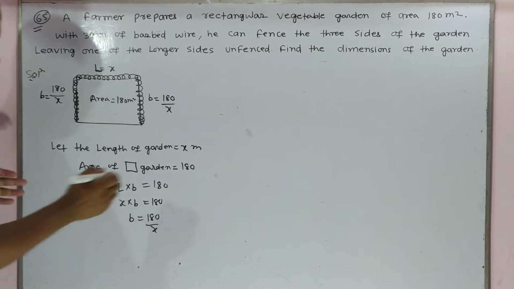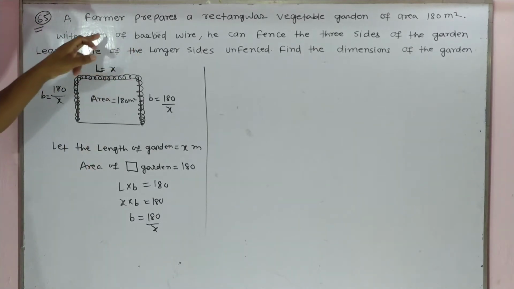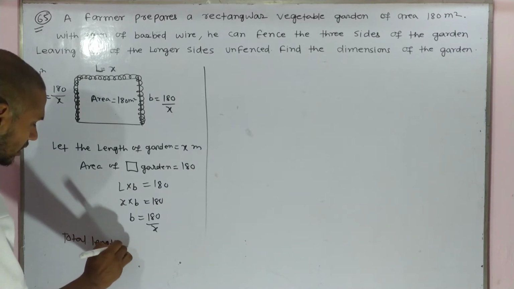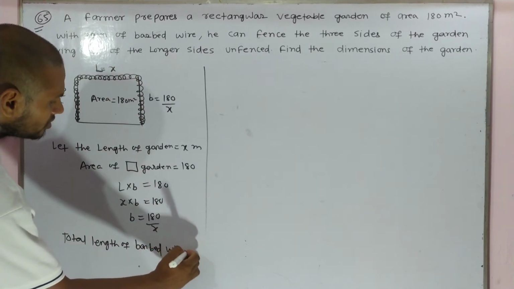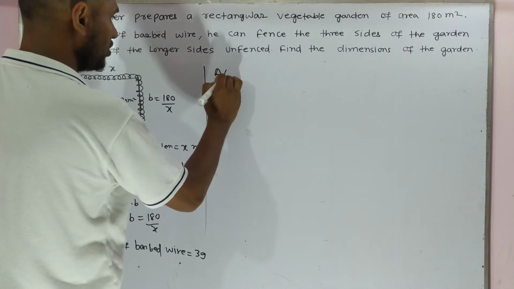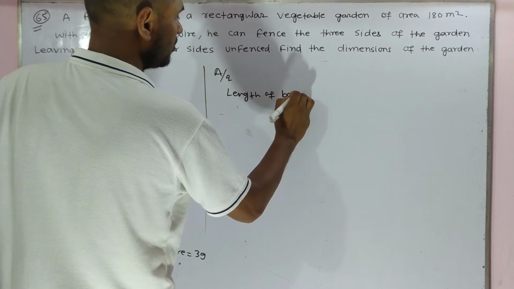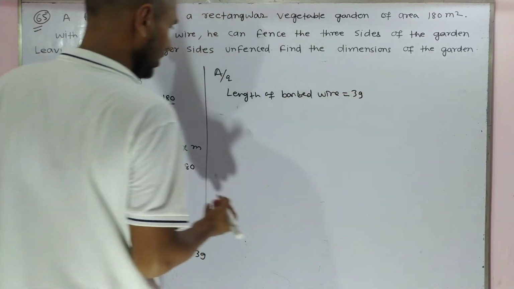So according to the question, the total length of the barbed wire is given as 39 meters.